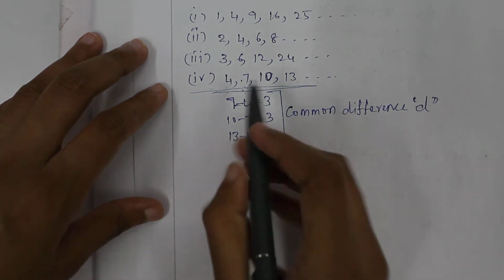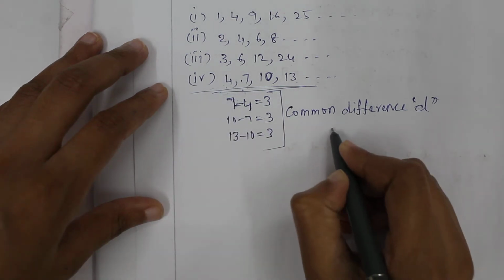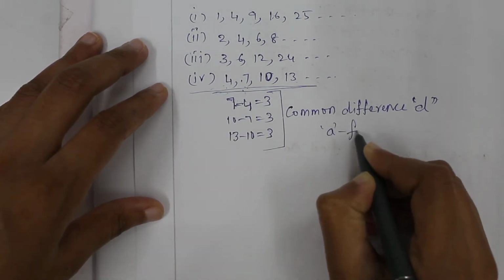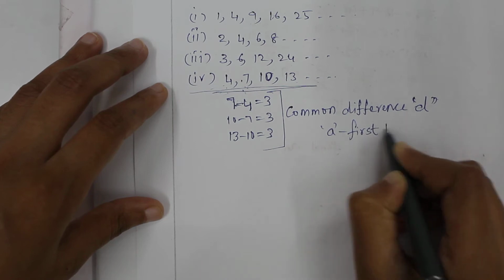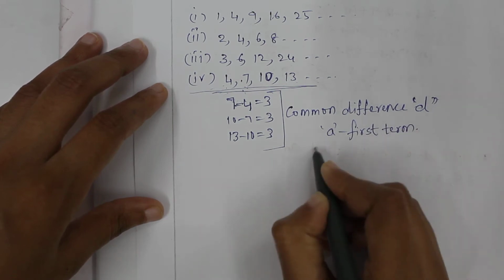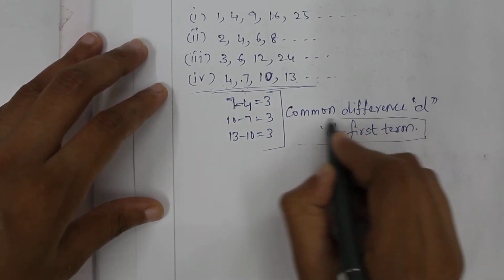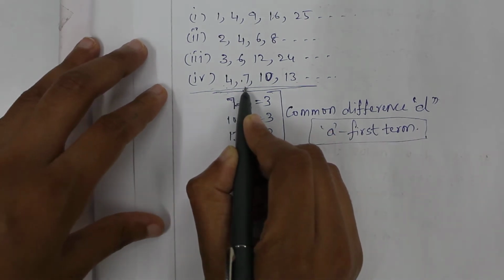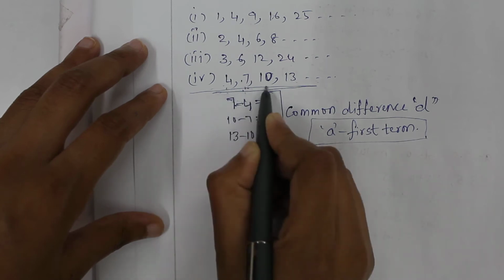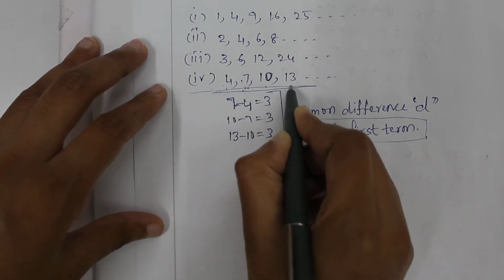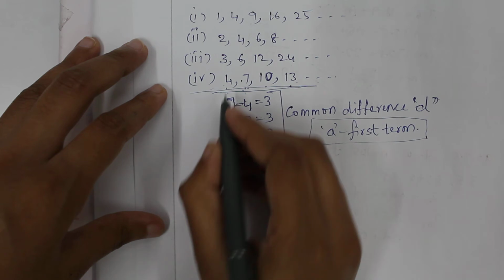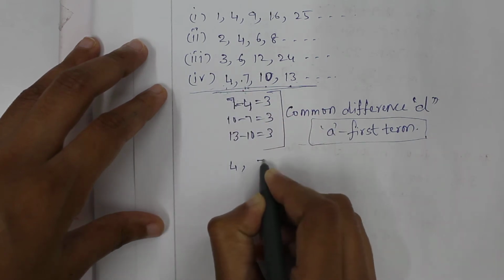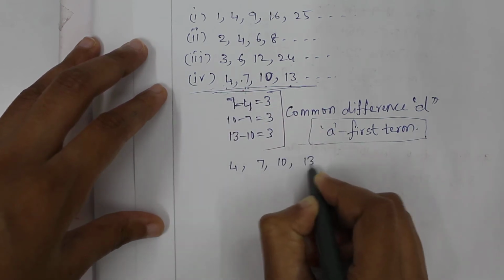And the first number in the series is denoted with the letter A. First term of the series is denoted with the letter A. And each number in this series is called a term. And this will be first term, second term, third term, fourth term. For notation, usually we use 4, 7, 10, 13, right? This is the series.